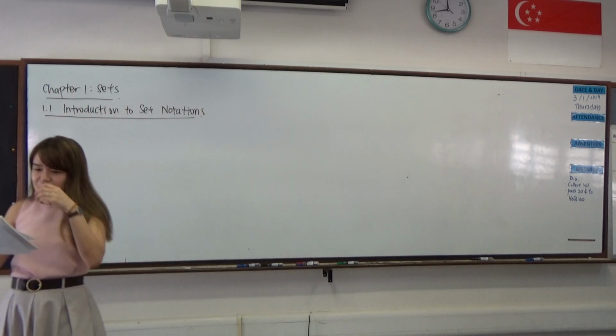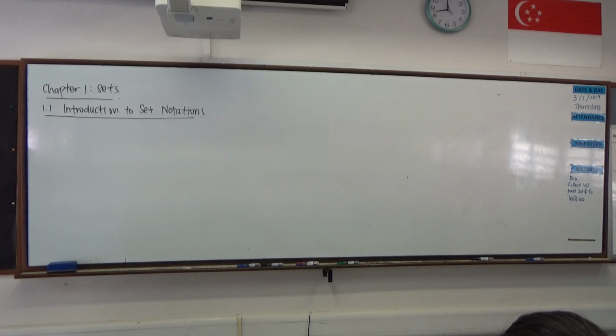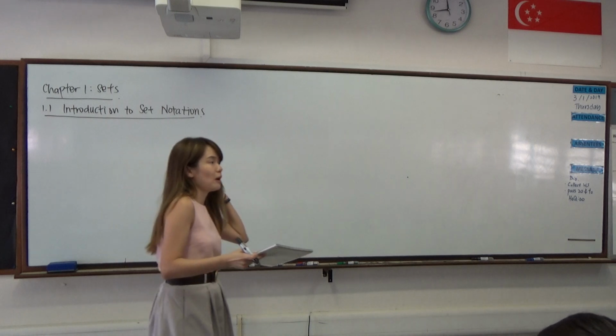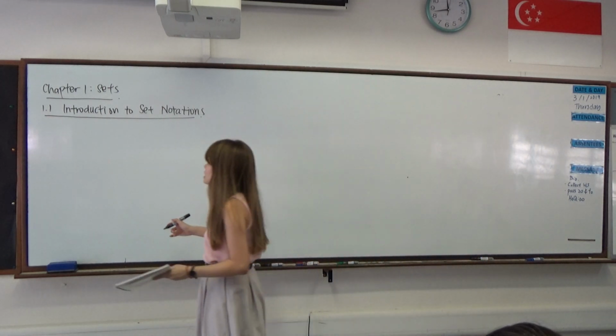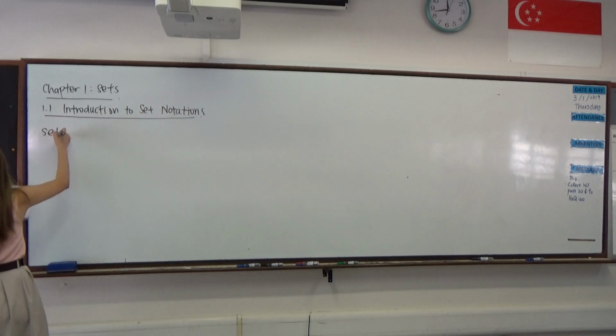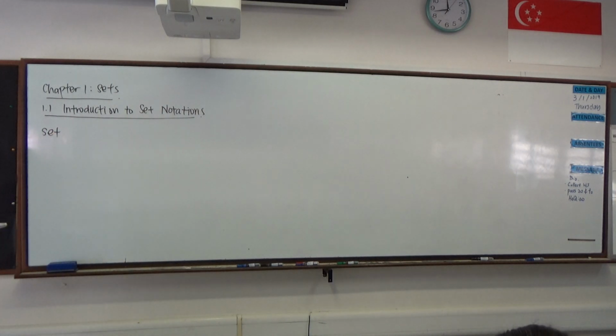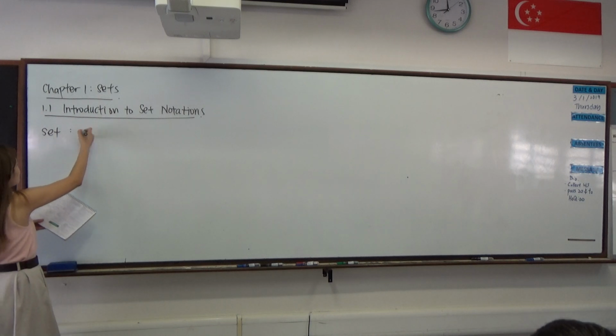Okay, so we're going to start with the chapter on sets. So what exactly are sets? In maths, there's a proper way to define what is considered a set. A set is used to describe a collection of items or a collection of things.